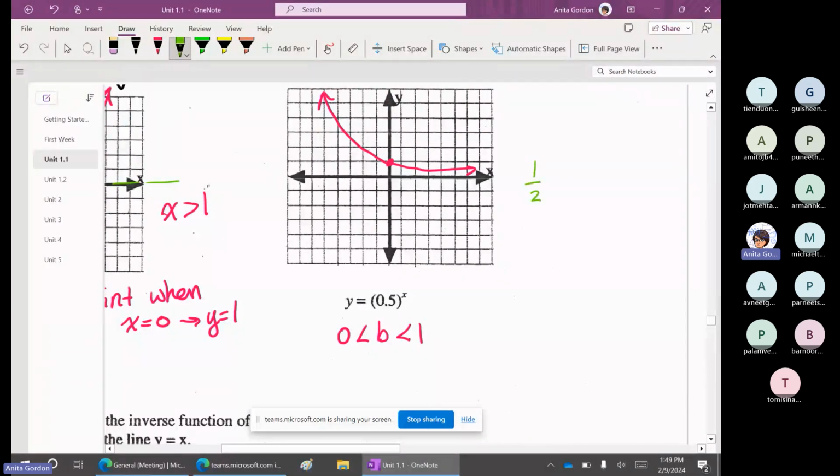If I have 1 over 2 to the power of negative 3, this is the same as 1 over 1 over 2 to the power 3, which is the same as 2 to the power 3, right? So we have decay, and our asymptote stays the same. We cannot make this 0, so it's not going to cross that line.